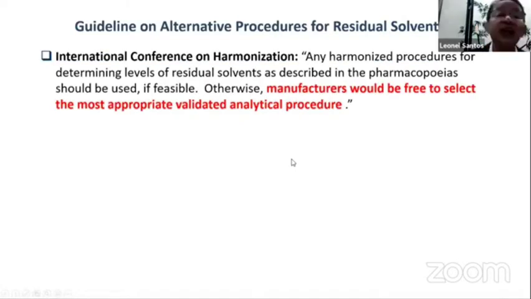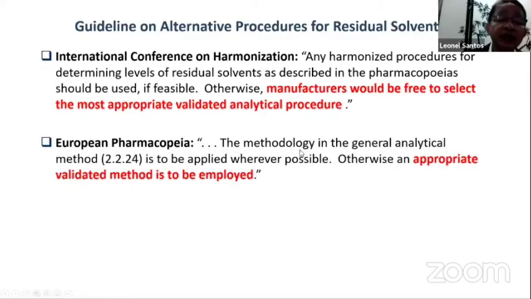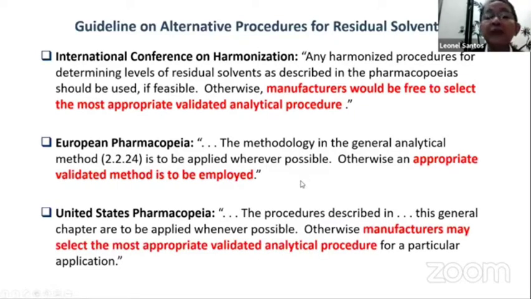But in terms of the guidelines on the alternative procedure for residual solvents, it is consistent between ICH, European Pharmacopoeia, and USP that the manufacturers are free to select the most appropriate method to validate in terms of the analytical procedure for analyzing residual solvents.